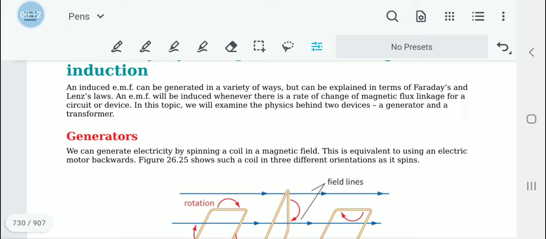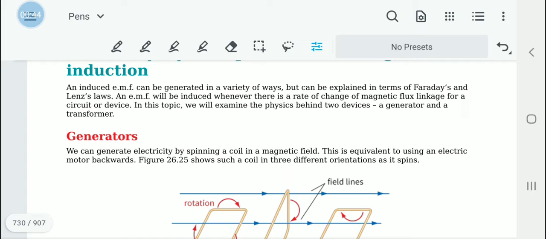Now we know that EMF is generated as a result of the movement of a conductor in a magnetic field. If we explain using Faraday's and Lenz's laws, we can say that an EMF will be induced wherever there is a rate of change of magnetic flux linkage for a circuit or a device.